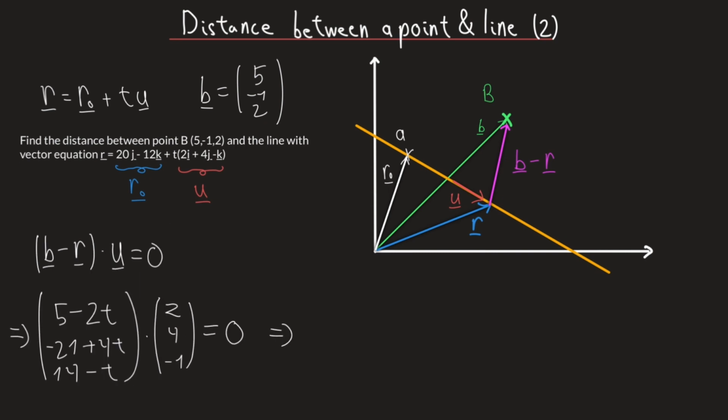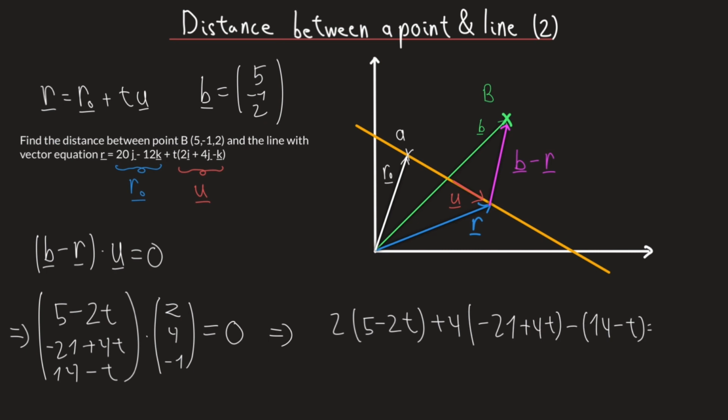And if we write all this down, computing the scalar product, the dot product, we get 2 times (5 minus 2t) plus 4 times (-21 plus 4t), and finally -1 times (14 minus t).